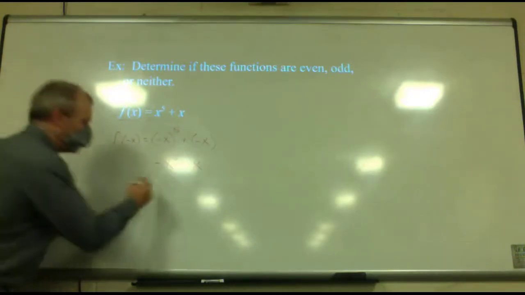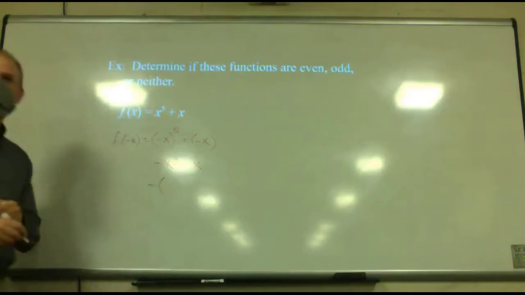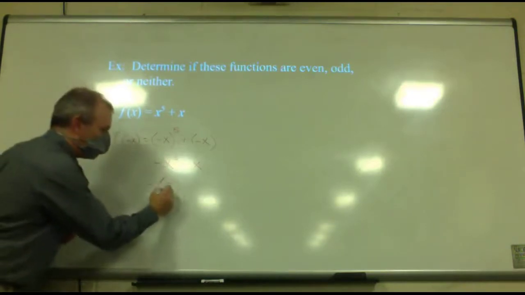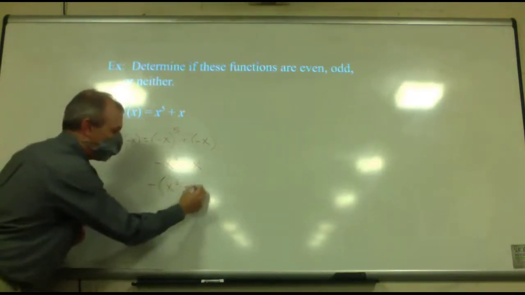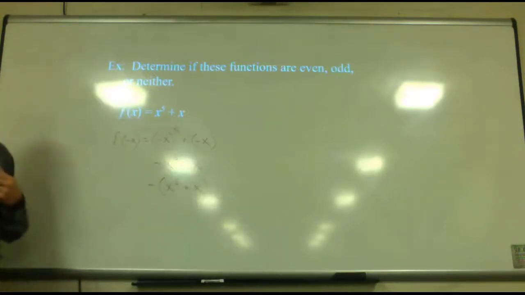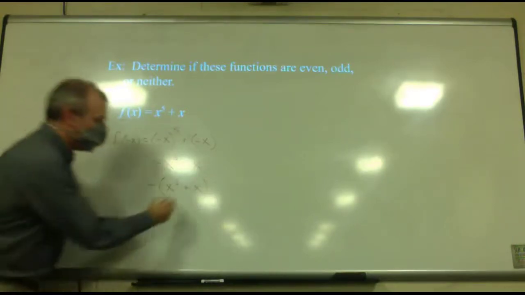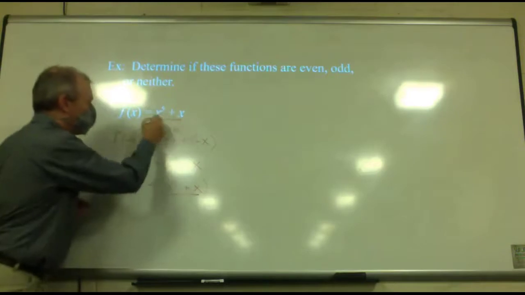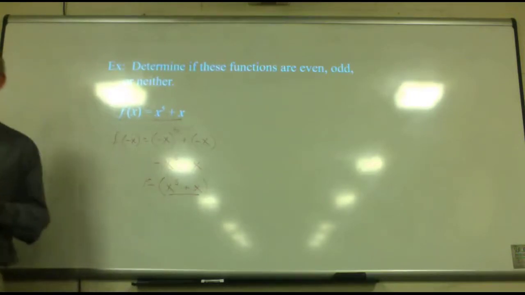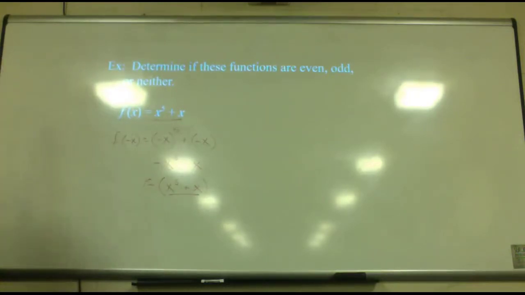Factor out a negative. If we factor out a negative, you're going to have x to the 5th plus x, because you're dividing out that negative from both of those. And now we see, yeah, this matches up exactly the same, and there's a negative in front of it. So that would tell us this is an odd function.